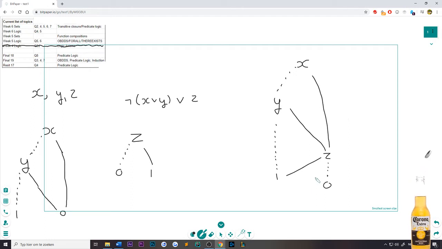Yeah, and that should actually give us the reduced OBDD, I'm pretty sure. Let me check. Yeah, that's it.